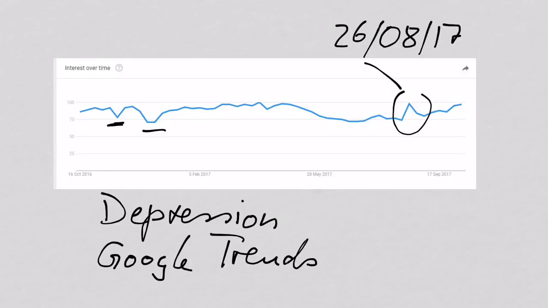This could explain why there is this peak on the 26th. There's no proof for it. We would have to ask people, why did you Google depression on that particular day? Well, we don't have any proof, but it is a likely explanation.